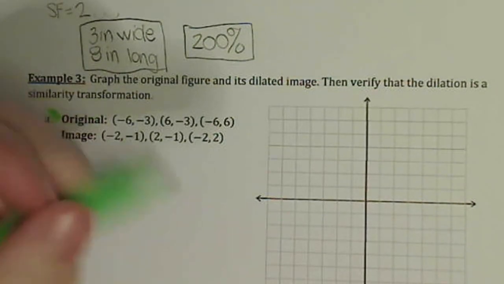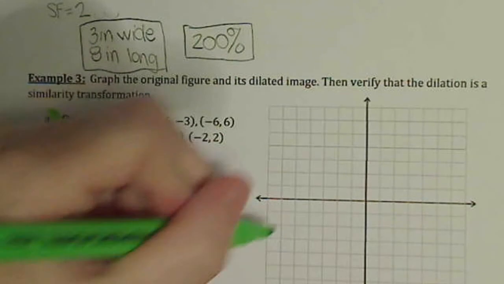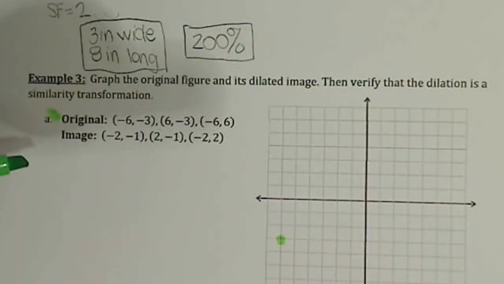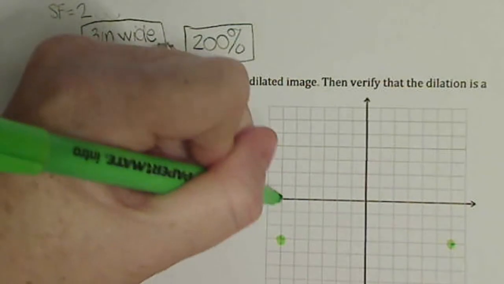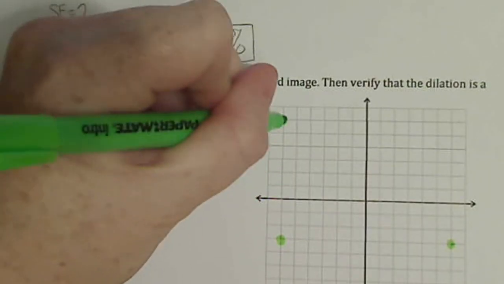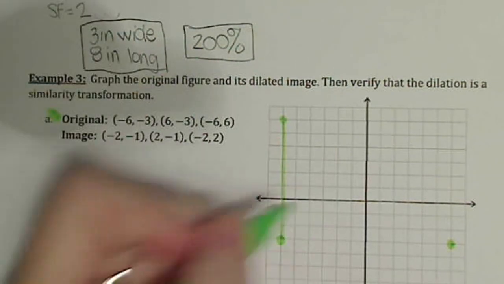So my original shape is -6, -3, 6, -3, and -6, 6. I'm going to connect those dots.